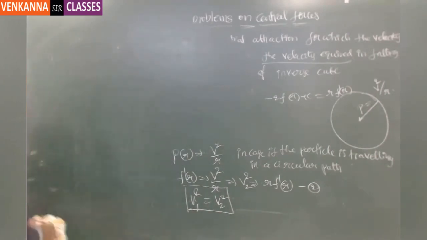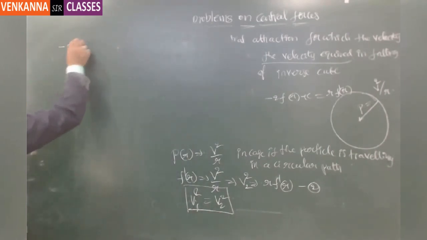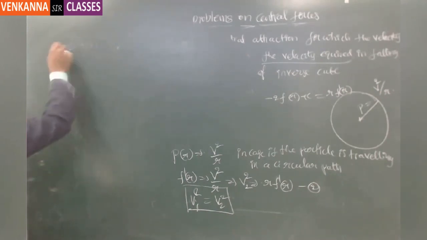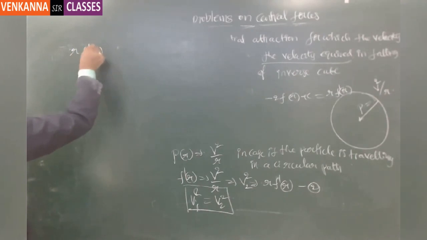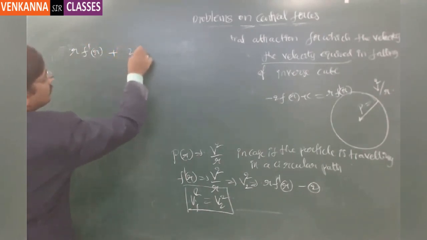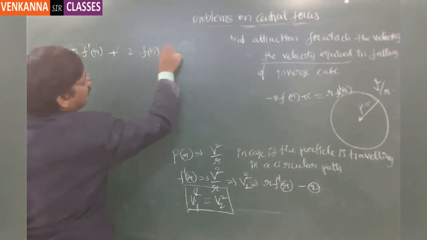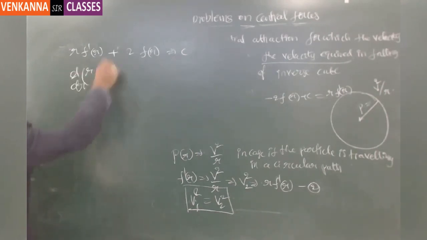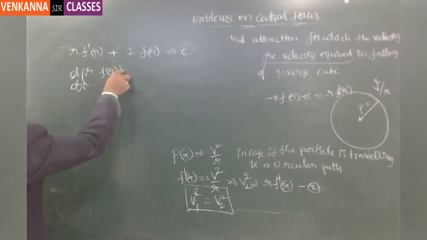So from this relation, minus 2 times f of r equals r into f dash of r plus 2 times f of r equal to c. If I take the derivative of r into f of r, it is going to be r times f dash of r.